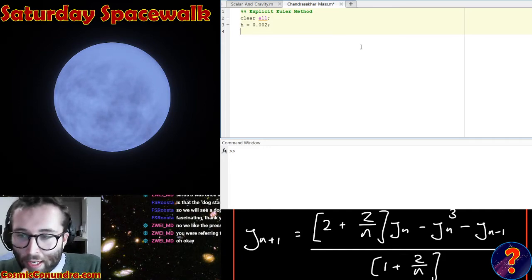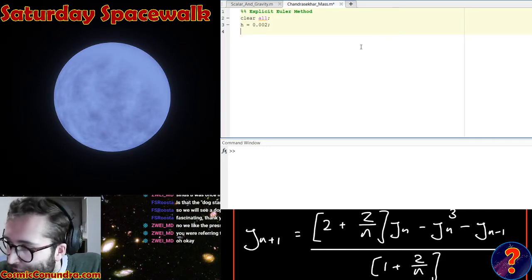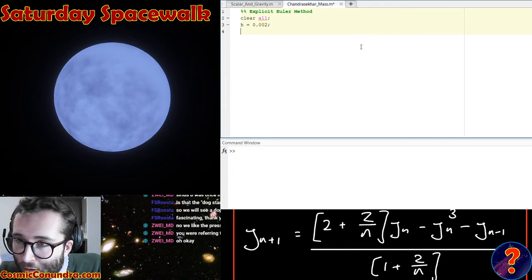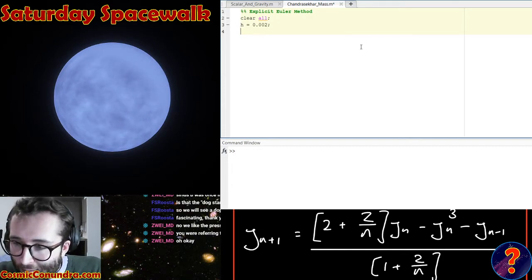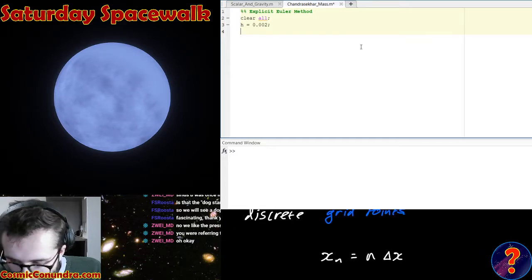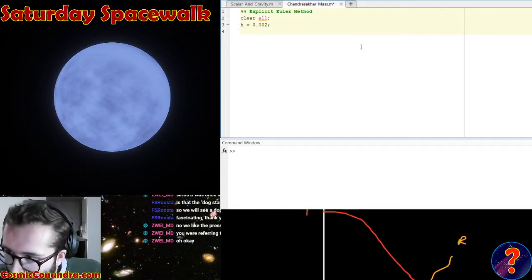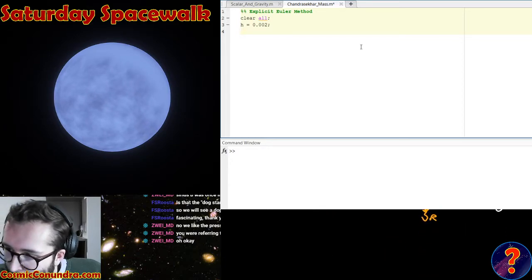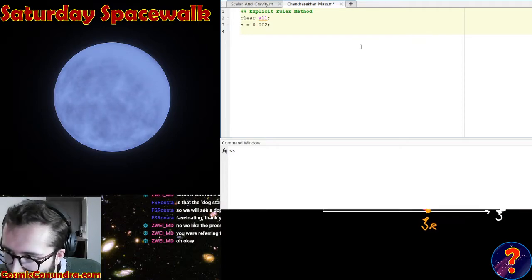Okay, so I'm setting the distance between my grid points as 0.02, and remember I'm going from x is 0 up to x is 10 because I'm looking for this crossing point here that you should be able to see. Wait, maybe you can't see it. I can't remember where I put the board.